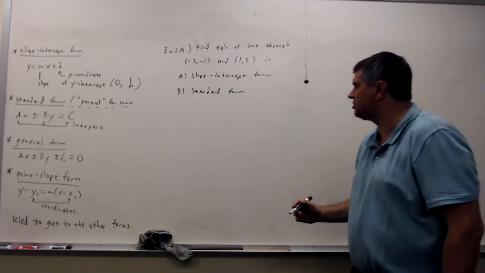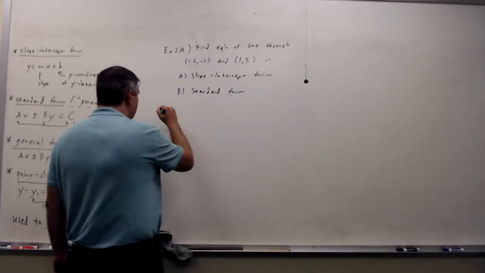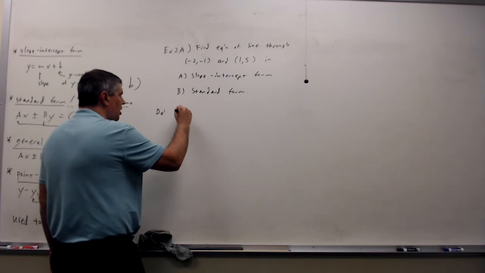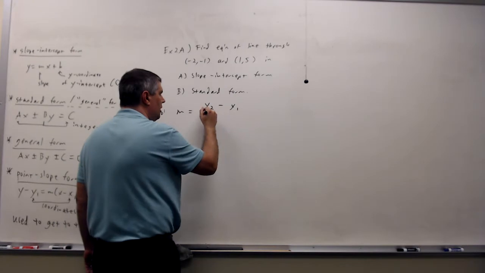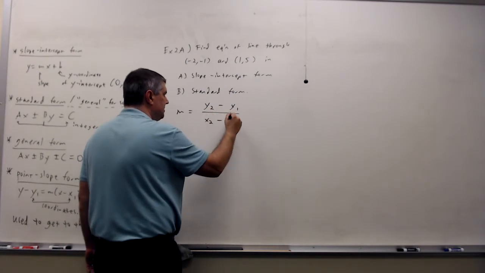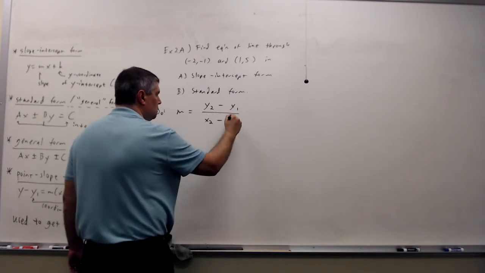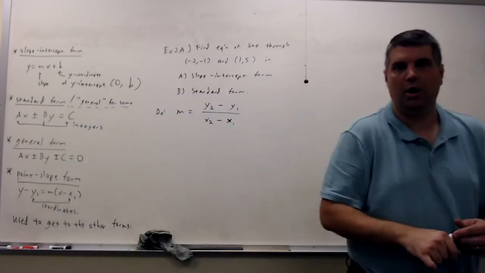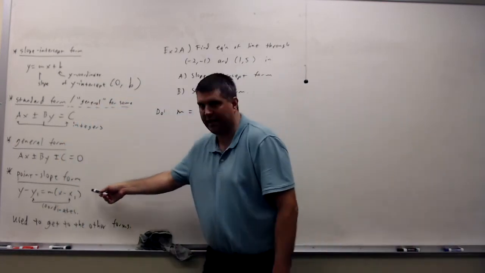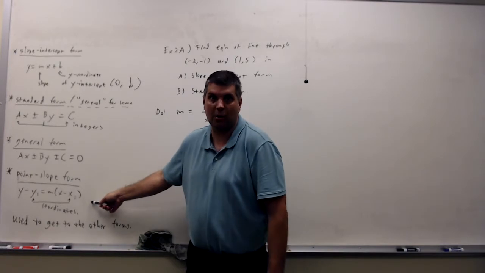All right. So we're going to need to remember, slope equals y sub 2 minus y sub 1 over x sub 2 minus x sub 1. We're not given the slope, so before we can do this, we've got to find out what the slope is.